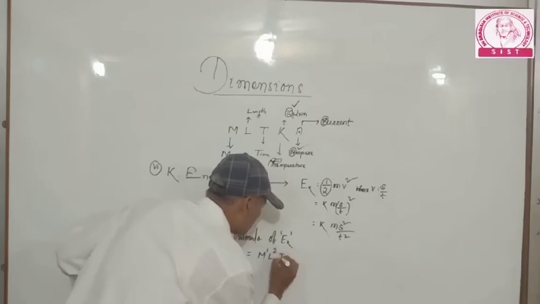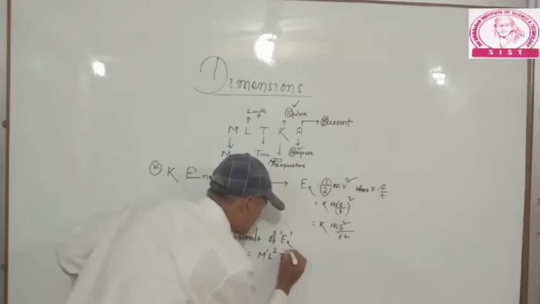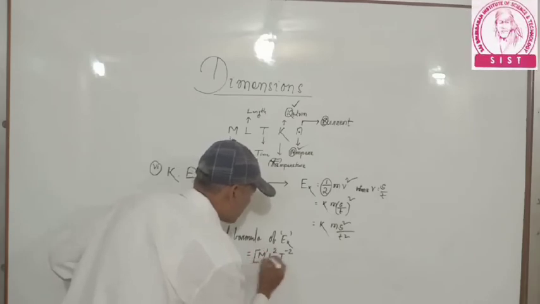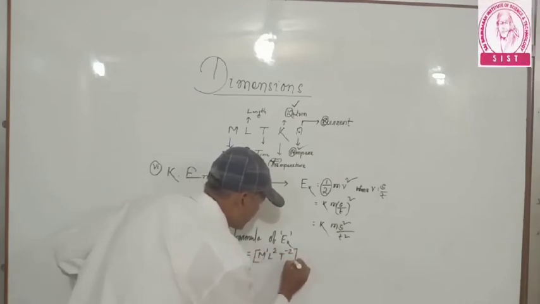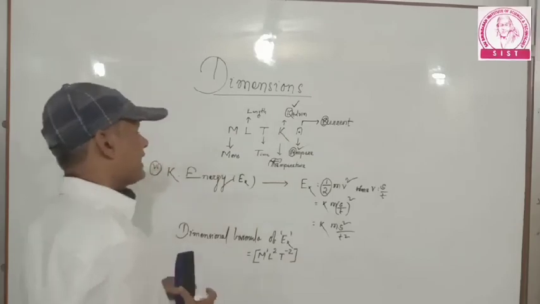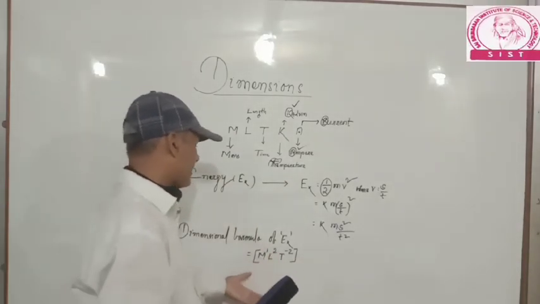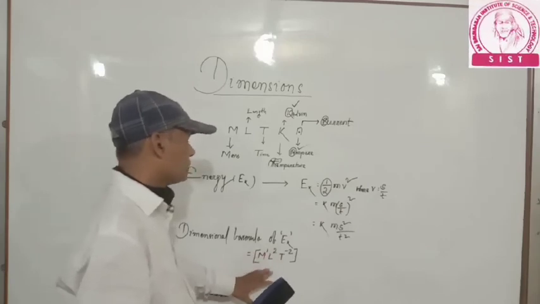It will be T to the power minus 2. Keep it inside a closed bracket. You know, dimensional formula of kinetic energy is M1, L2, T minus 2.